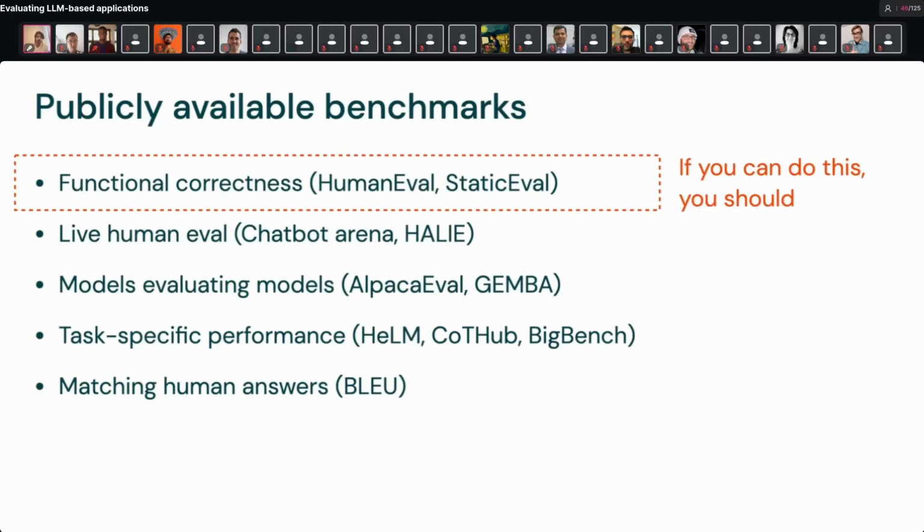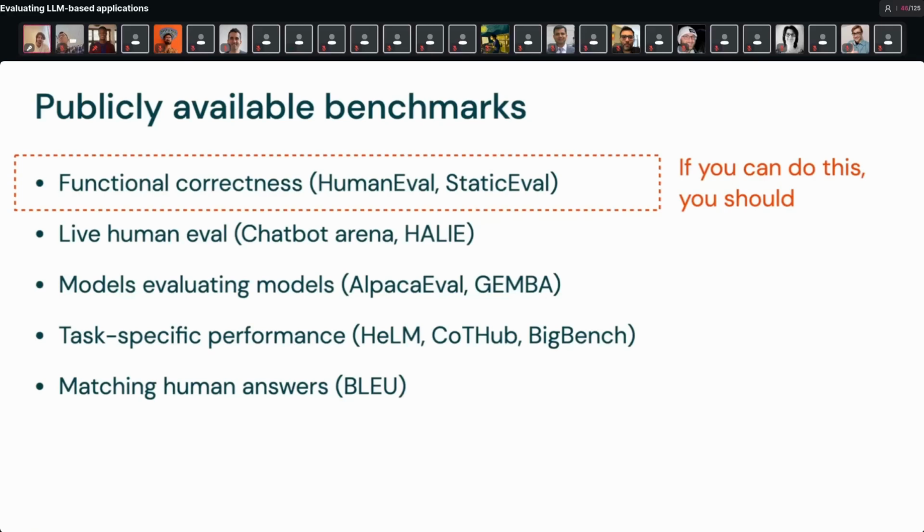So the first category and the most useful category is benchmarks for functional correctness. What these benchmarks do is they take the output of a model and they actually run it, or use that output to try to solve a task. Most of these publicly available benchmarks for functional correctness are operating on code generation tasks. The great thing about code generation is, code is a thing that computers can run.